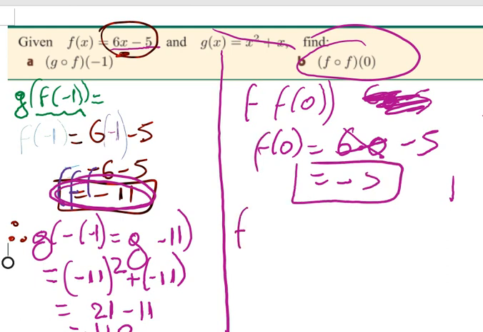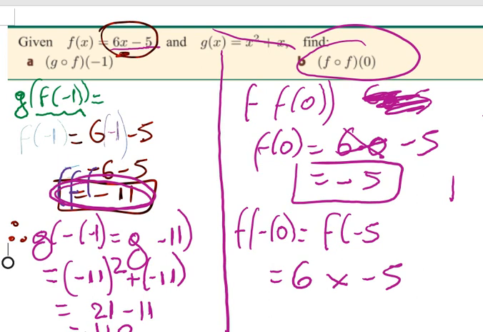Now, if I have f of f of 0, I have to put again f of minus 5. So I take again my nice formula, which is 6x minus 5. And instead of x, I put this value, the minus 5.